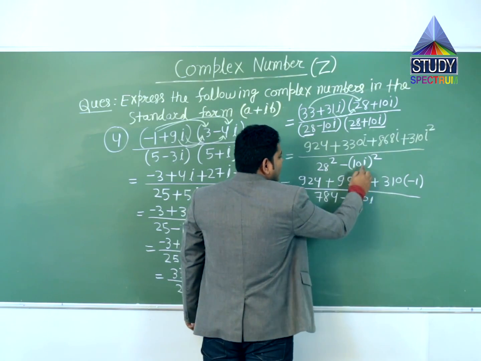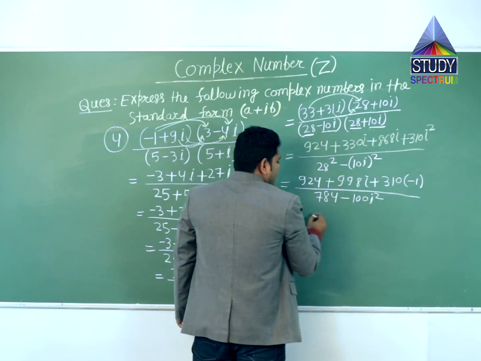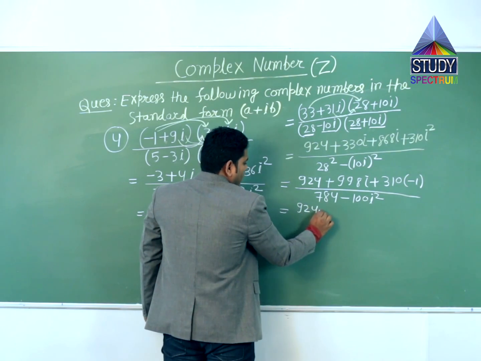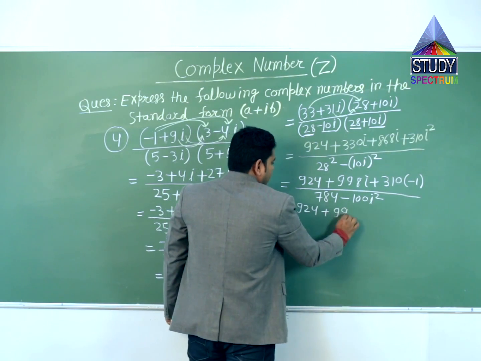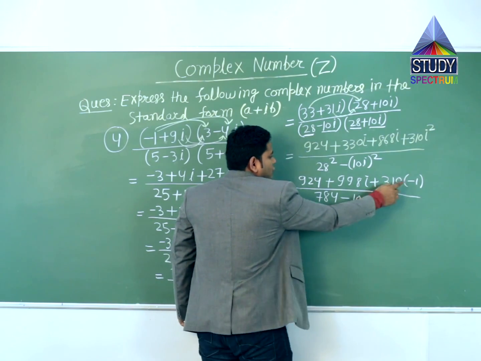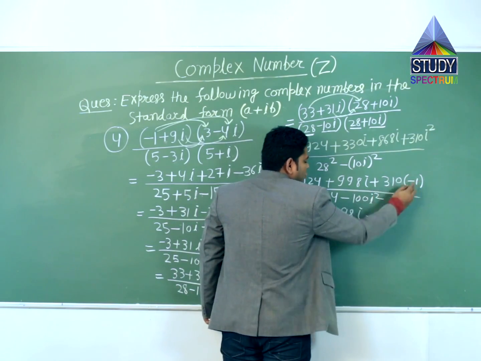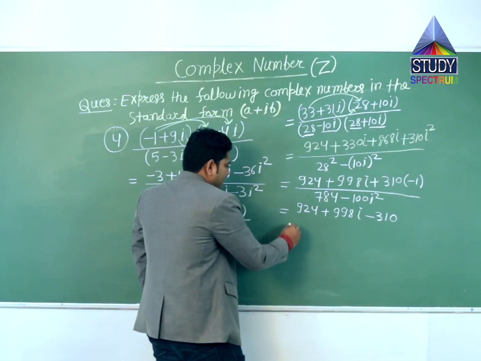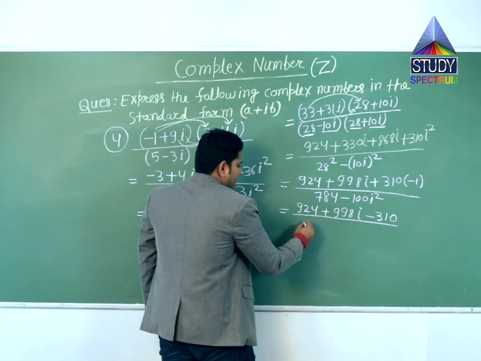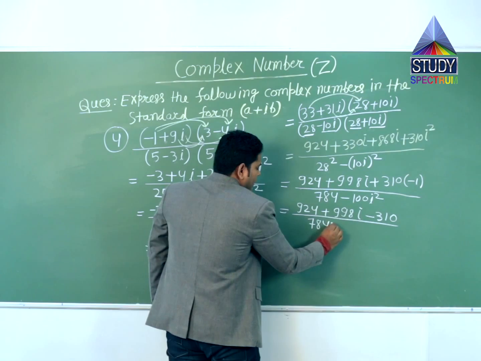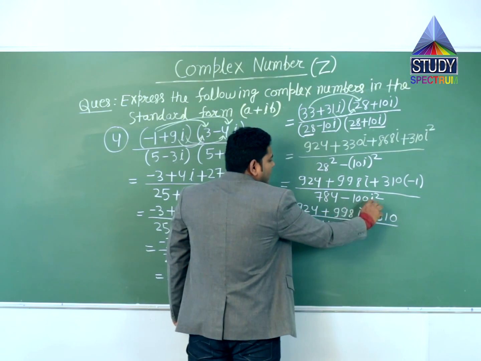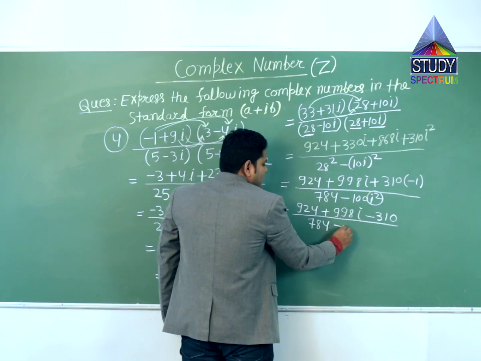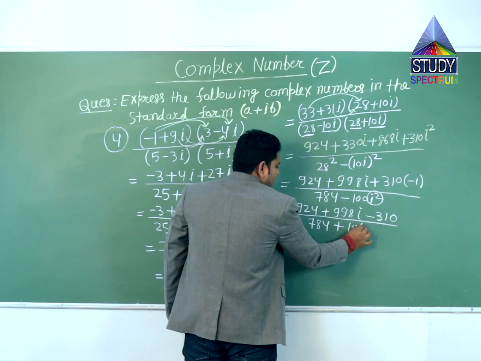So 10 into 10 is 100. i into i is i square. This will be 924 plus 1198i, plus into minus is minus, 310 into 1 is 310. Okay. Divided by 784 minus 100 into minus 1. i square is minus 1. So minus into minus is plus, and 100 into 1 is 100.